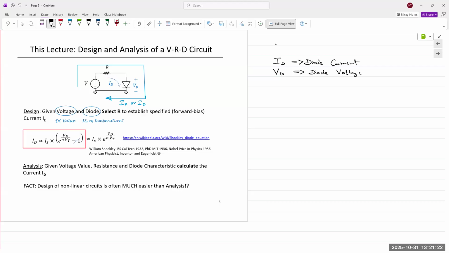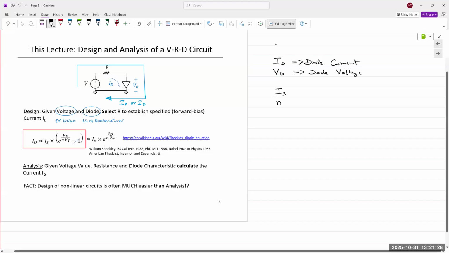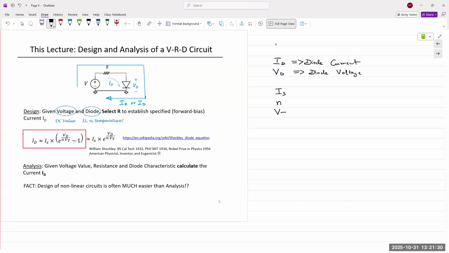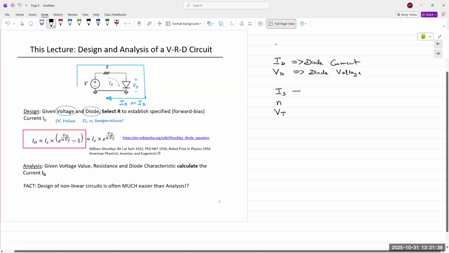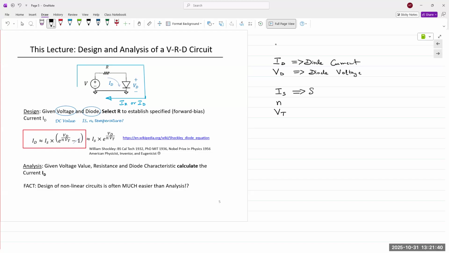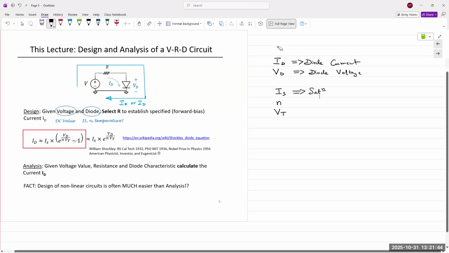There are three components in here: IS, N, and VT. IS stands for saturation current. And again, this is something you will study in EE 315.